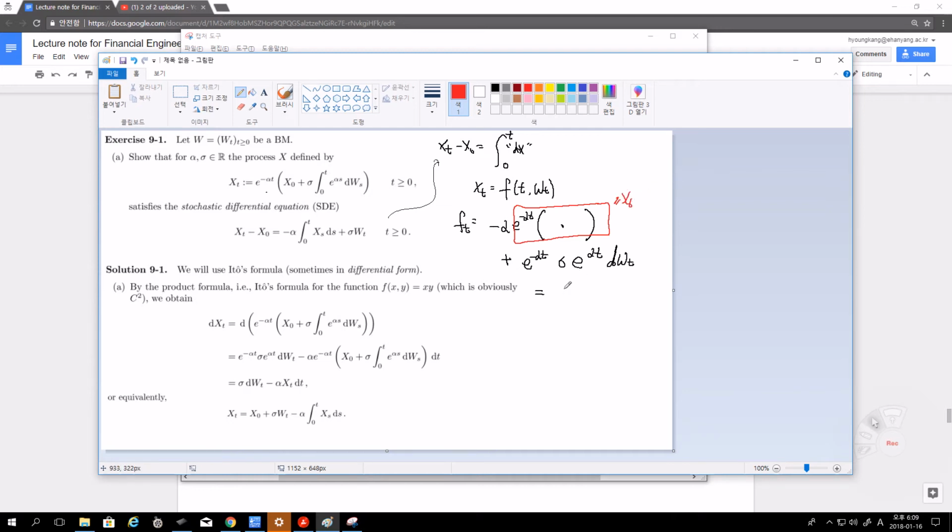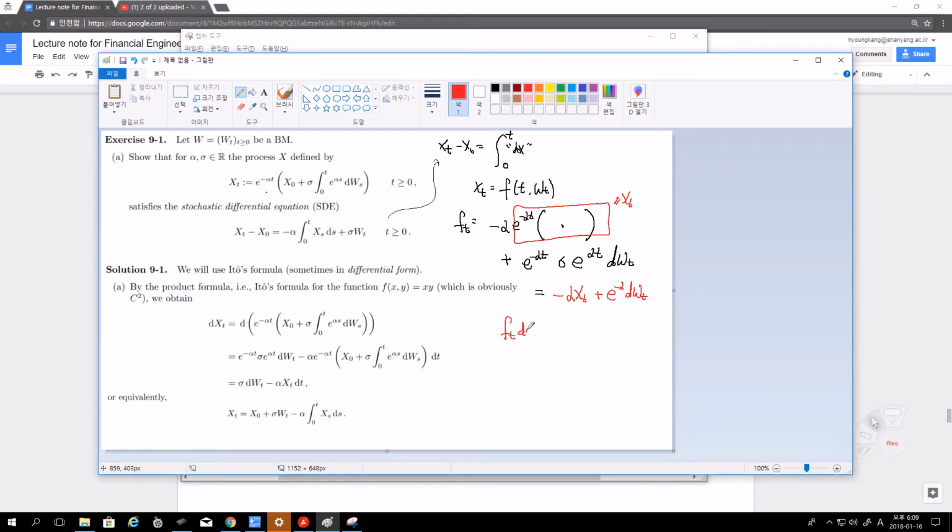So it is basically minus alpha xt plus e to the minus alpha t, and then dwt, right?